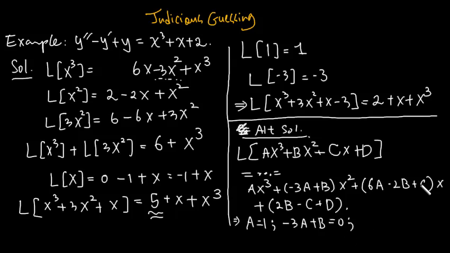The third coefficient is 1, so 6a minus 2b plus c is going to be 1. And the last part, the constant part, has to be 2. So let me write down over here, in a different color, 2b minus c plus d. That constant part has to be 2.